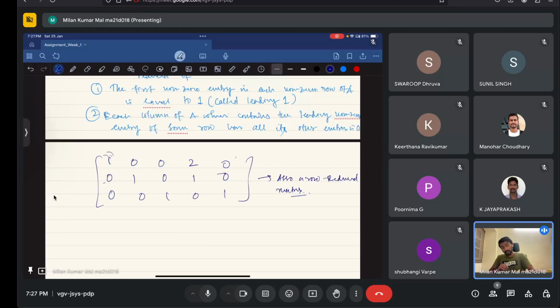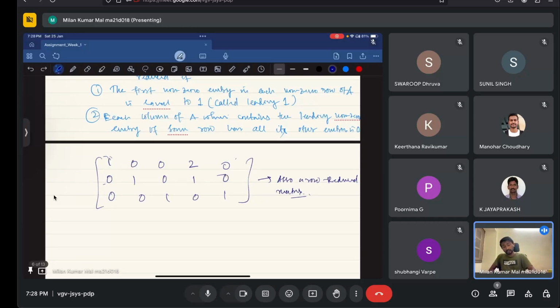The first non-zero entry of the first row is 1, all other entries in its column are 0, there is no problem. The first non-zero entry of the second row is 1 too, but it can't be in the first column, because all other entries of that column need to be 0, since 1 is the first non-zero entry of the first row.